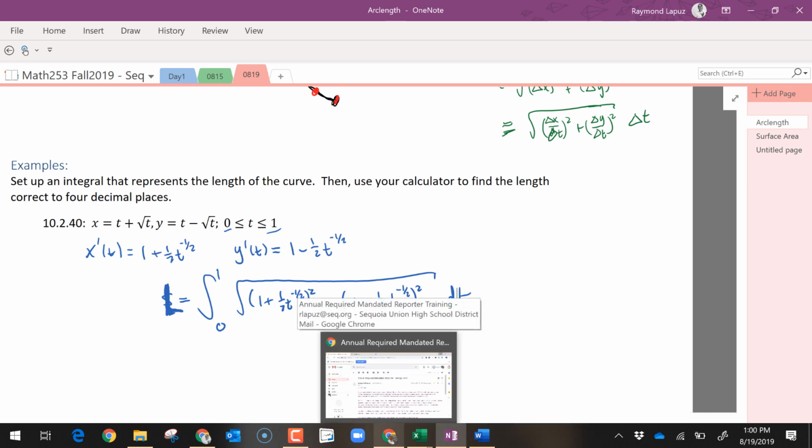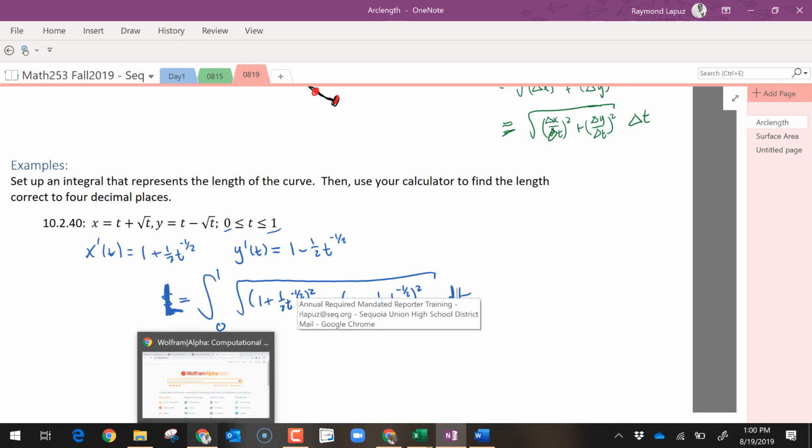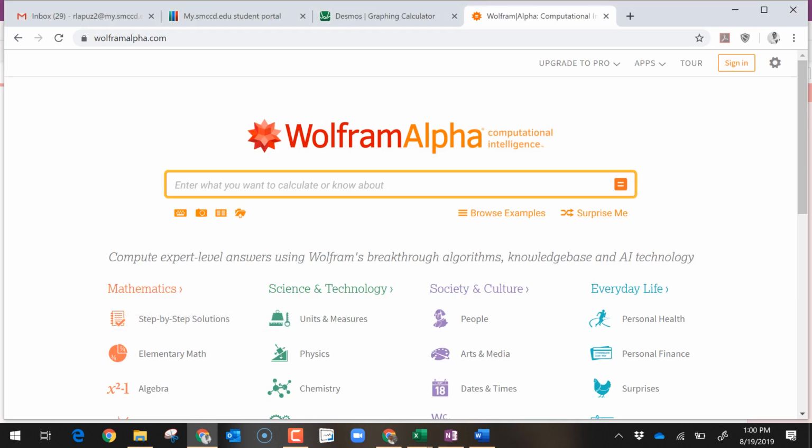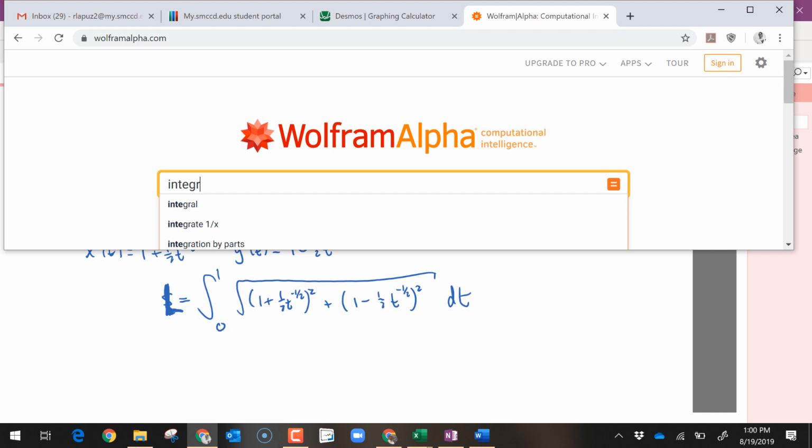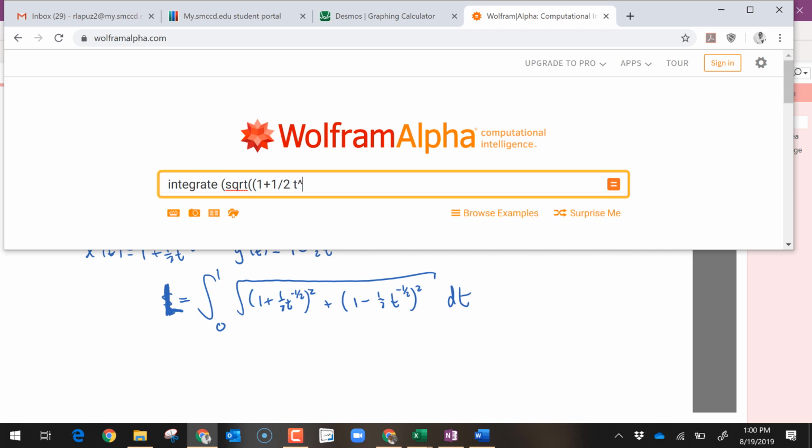I'm just going to go ahead and use the calculator. So that's 1 plus 1/2 t to the negative 1/2.